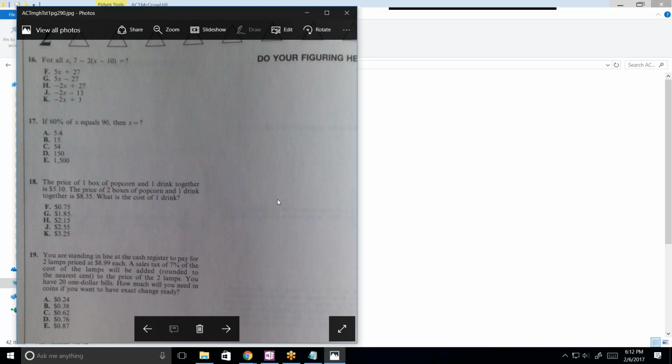Yeah, and don't be confused by their wording. For all x is the same thing as saying, what is 7 minus 2 times parentheses x minus 10 end parentheses equal to? So what is it equal to? I'm figuring that out right now.